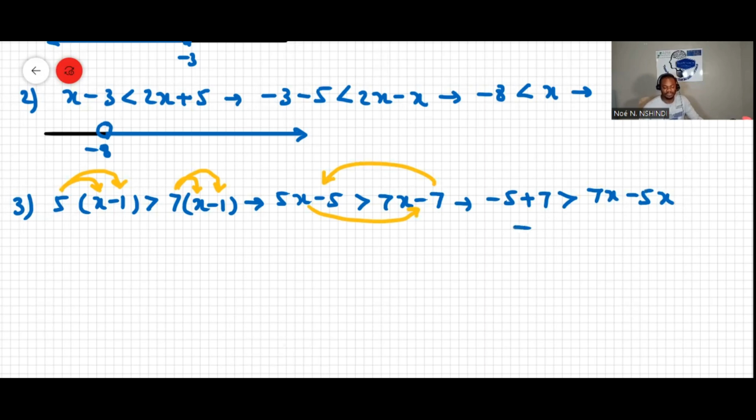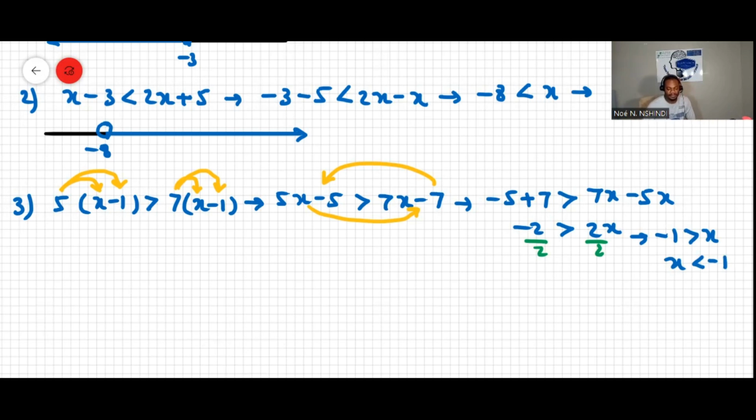And then this will make what? Negative 2 is greater than 2x. And if we divide both sides by 2, this make what? Negative 1 is greater than x. Negative 1 greater than x simply means x is lesser than negative 1. So if we reverse it.